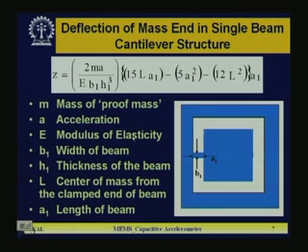And L is the distance of the center of mass of the seismic mass structure from the clamped end of the beam. This is the clamped end of the beam. From there, if the center of mass is here, then that is the length L.